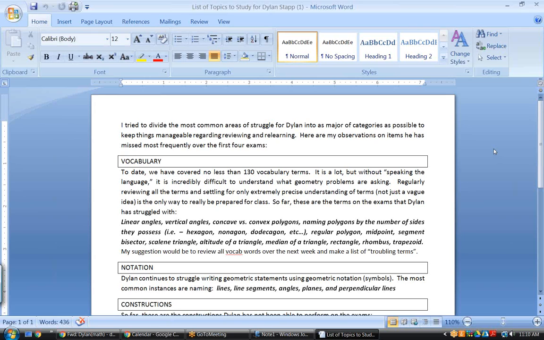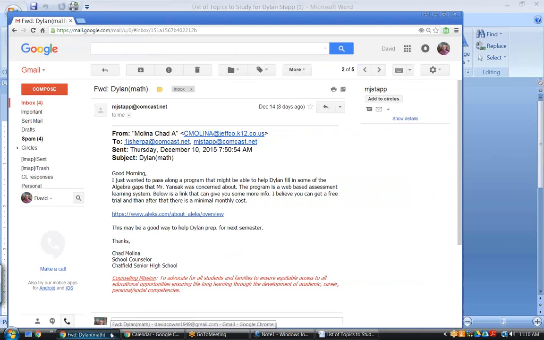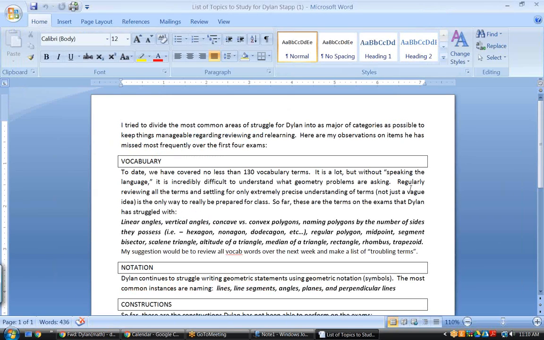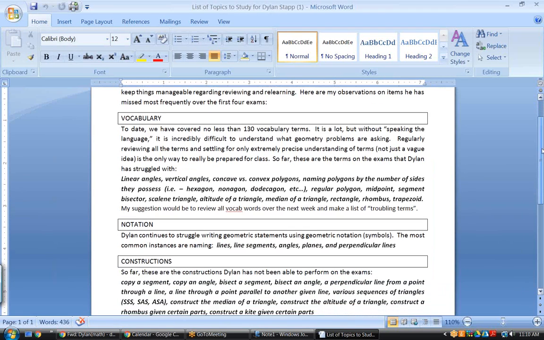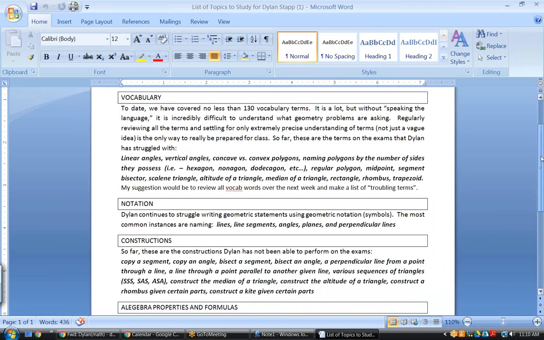I have a link here to this algebra site that Chad Molina, one of your school counselors, sent to your dad, and so that'll give us plenty of problems on algebra. But I thought where we might start was with vocabulary.